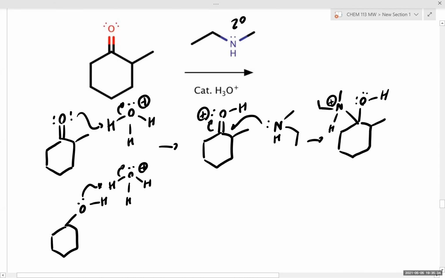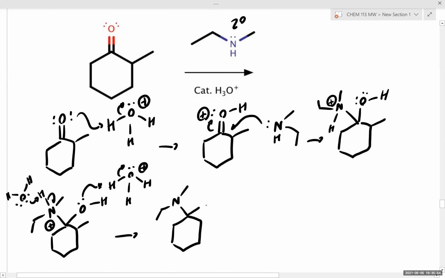So we're going to protonate our alcohol to activate it as a leaving group, and we're going to pull off a proton from our amine to free up a lone pair. From here, now that we have water activated as a leaving group, we're ready to kick out our leaving group and generate our imine.